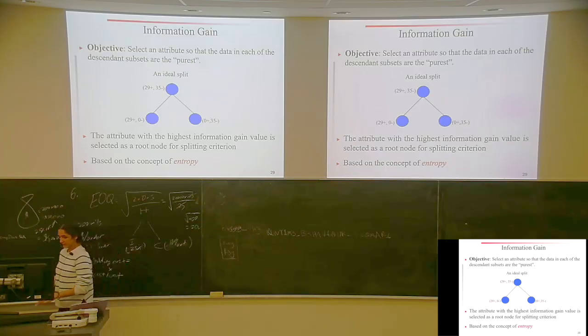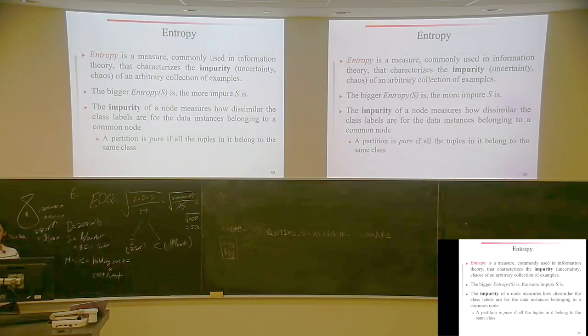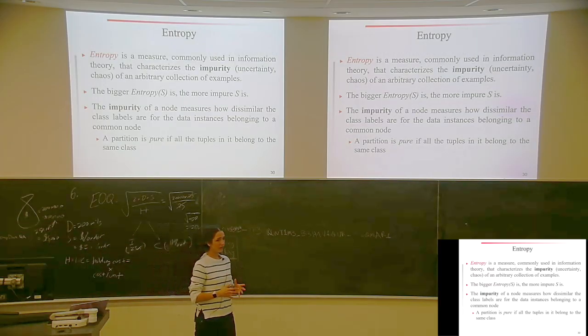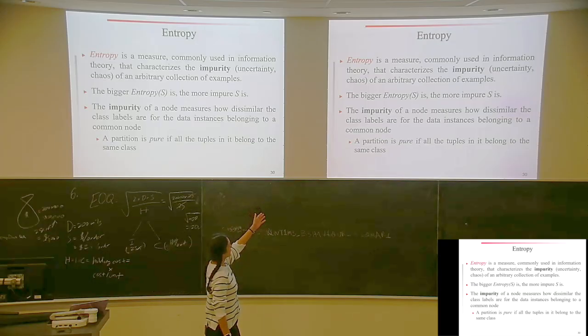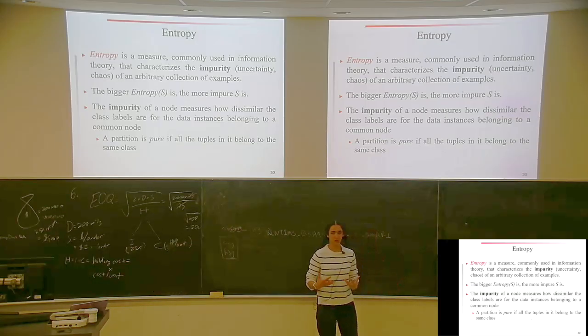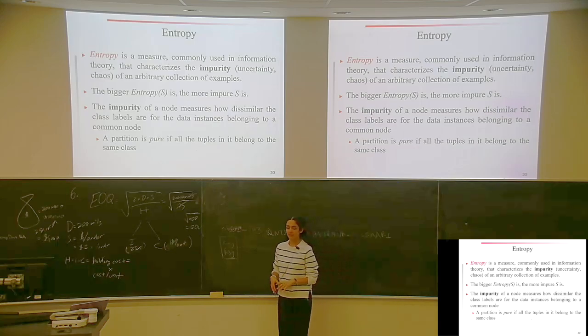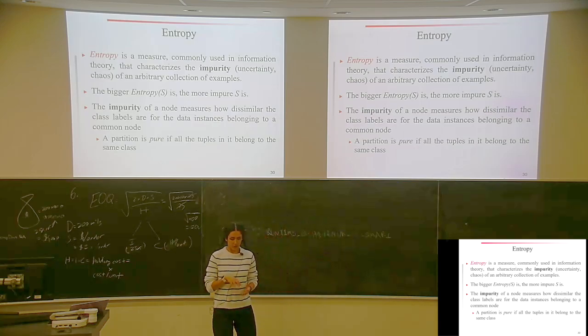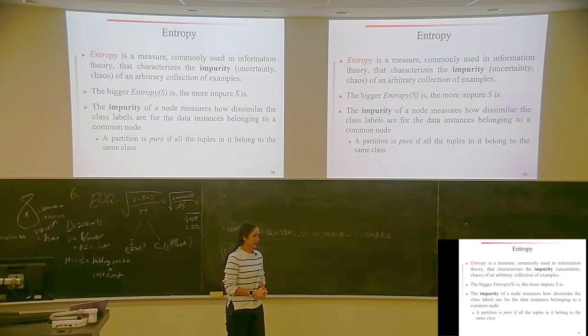So let's first discuss entropy. Entropy is a measure that we use, for example in information theory and other fields, to measure impurity or chaos or confusion. For example, if all examples belong to the same class, what is the impurity?